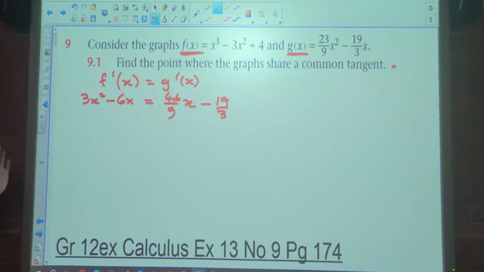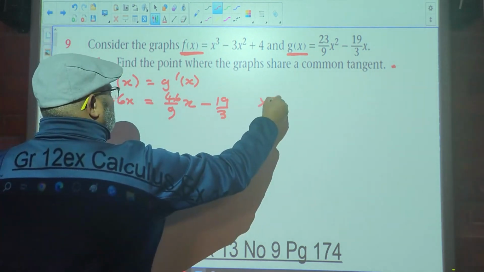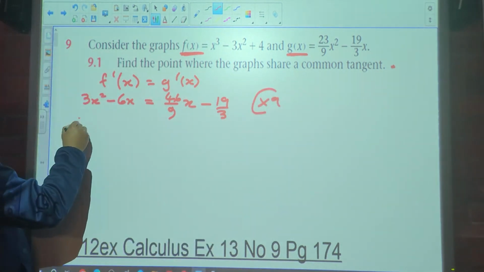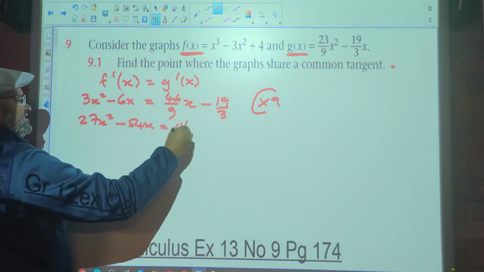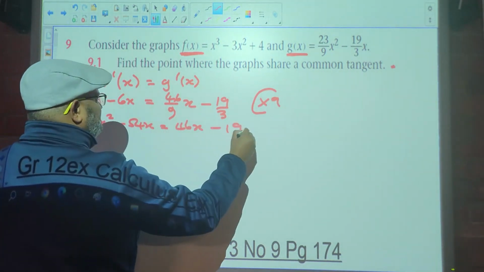So I find the LCM, which is 9, multiply throughout by 9, and then get 27x squared minus 54x equals 46x minus 19.